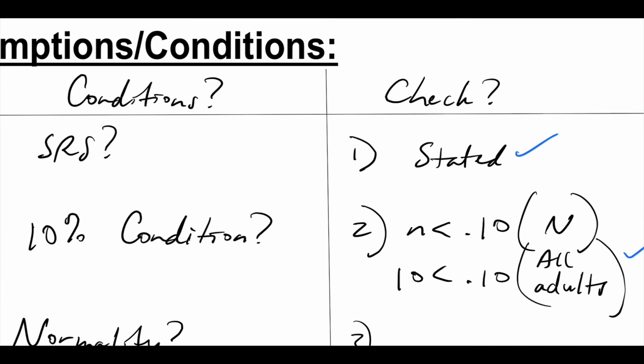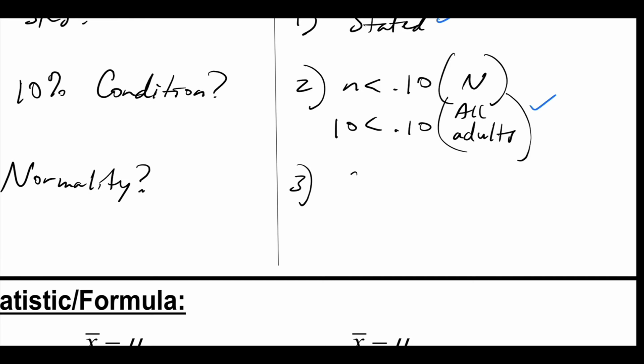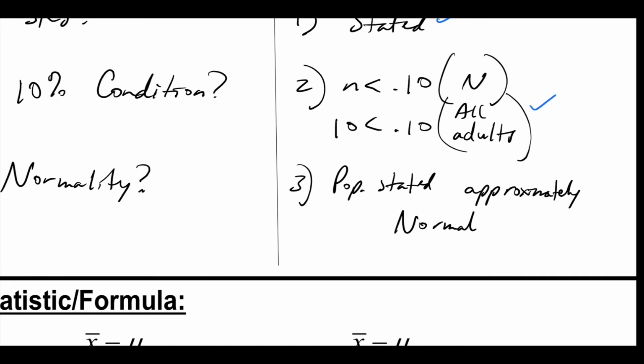So this is what we're going to put: population stated as approximately normal.